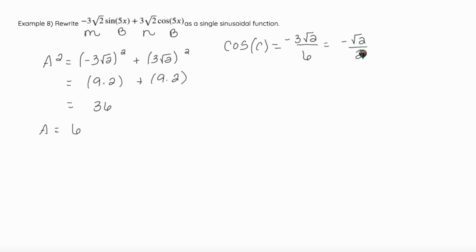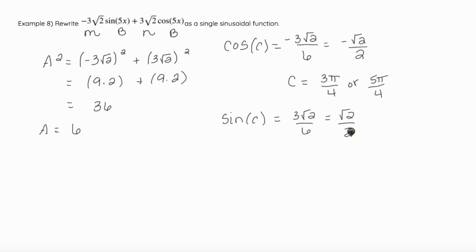So where is cosine negative square roots 2 over 2? c would have to be 3 pi over 4 or 5 pi over 4 around the unit circle. Where is sine of c then, which is our n value, 3 square roots 2 over 6, which reduces to square root 2 over 2.